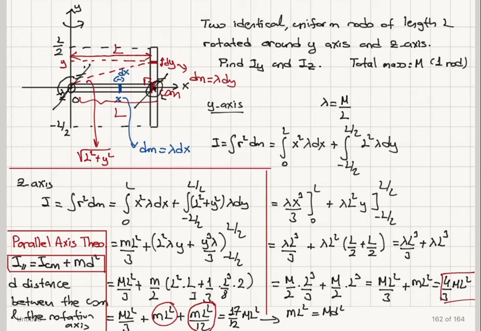I find the moment of inertia with respect to the center of mass, that is ml squared over 12, for rotations about an axis going through the center of mass. And now I want to know the moment of inertia for rotations around an axis that is parallel to the center of mass axis, that is the z-axis.